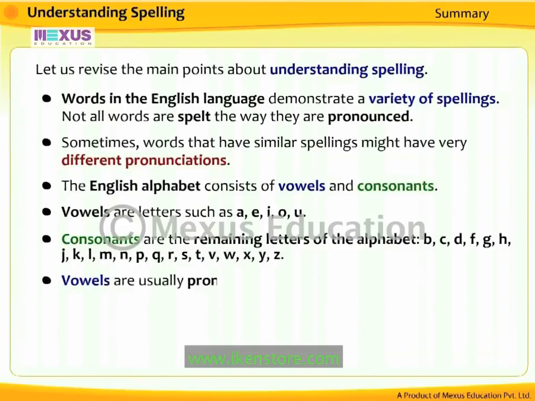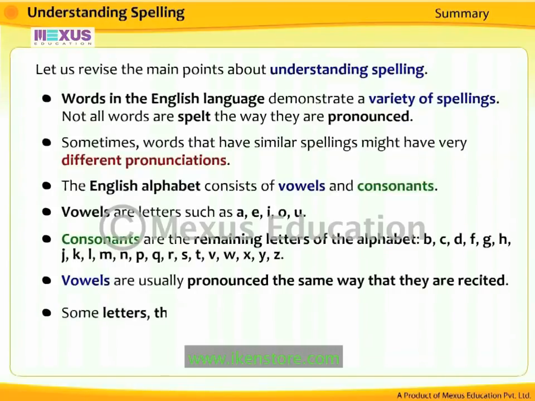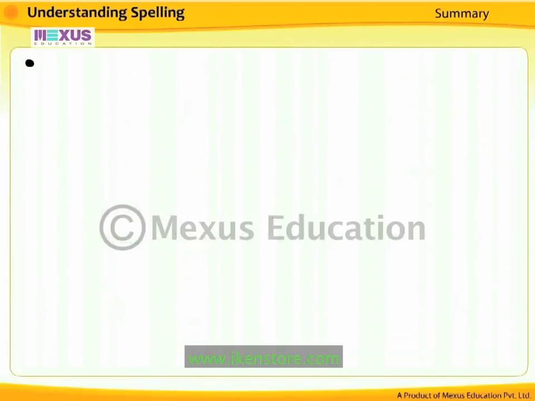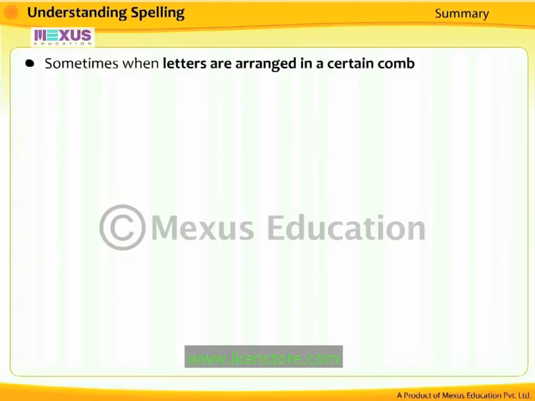Vowels are usually pronounced the same way that they are recited. Some letters, though written, are not pronounced. These letters are known as silent letters. Sometimes, when letters are arranged in a certain combination, they are pronounced differently.